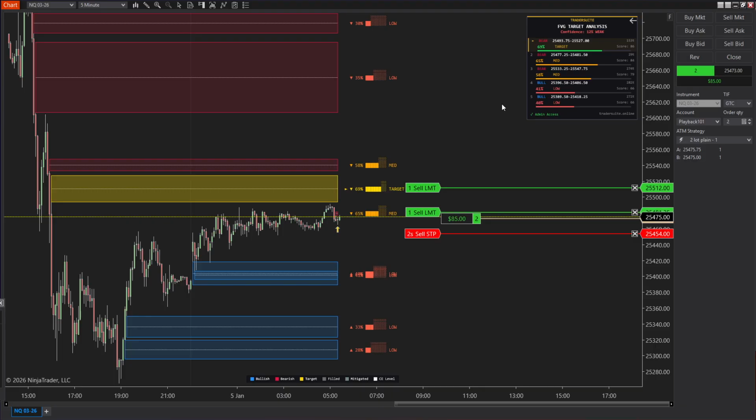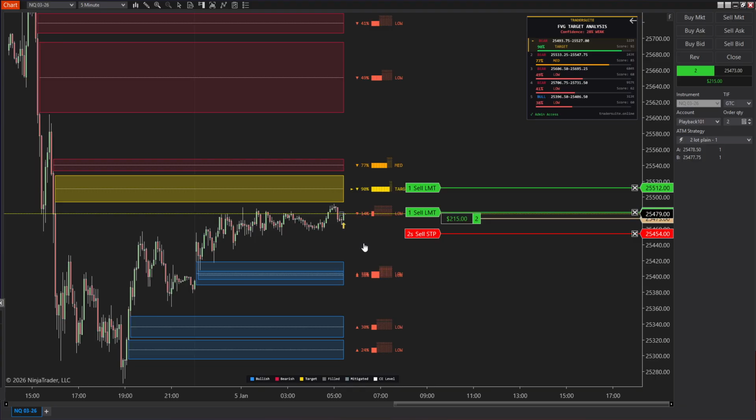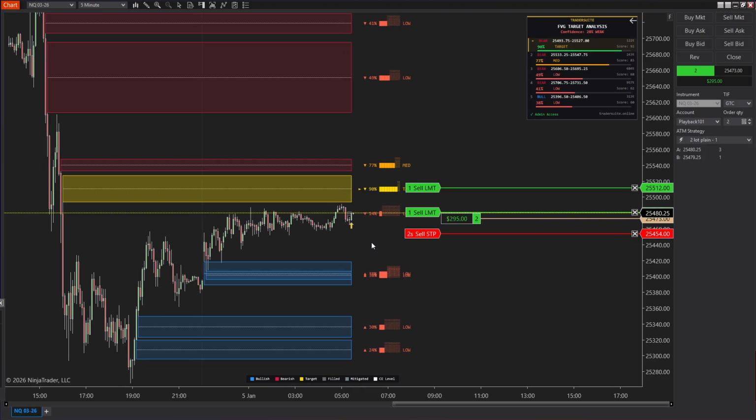Below the confidence line, you've got up to 5 entries, the top 5 ranked FVGs. Each entry shows the rank, number 1 through 5, with the target highlighted by a gold pointer arrow and a gold sidebar. Direction, bull or bear, color-coded blue or red. The price range, the exact upper and lower boundaries of the FVG. Distance in ticks, how far the midpoint is from the current price.